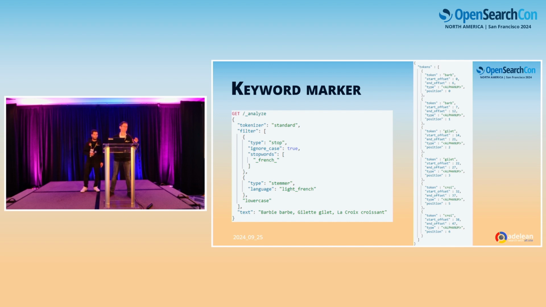If you have words that are brands, you should not stem them. This is why you mark them. This example shows in French actually between Barbie, Gillette, and Lacroix, which are brands. You also have other names there that are stemmed as these brands if you don't do anything.